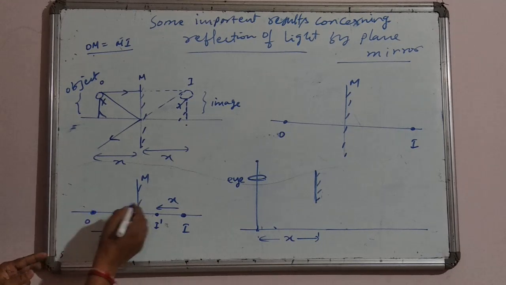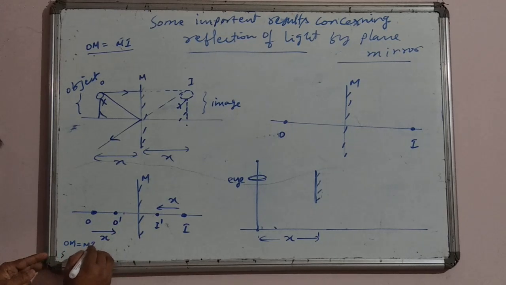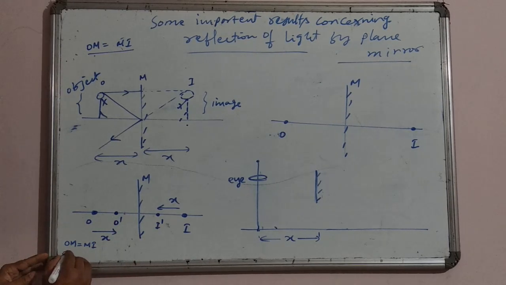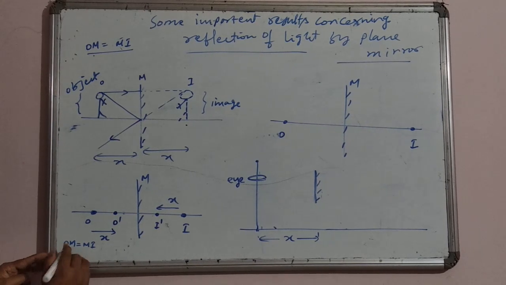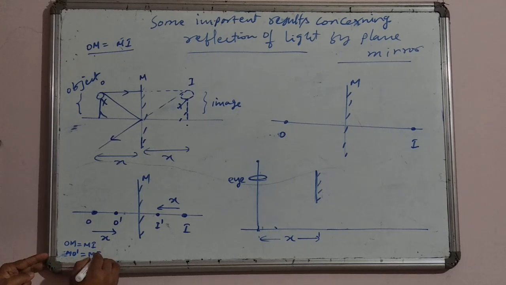In the initial case, distance of image equals distance of the object, mo equals mi. Next, mo dash is equal to mi dash.